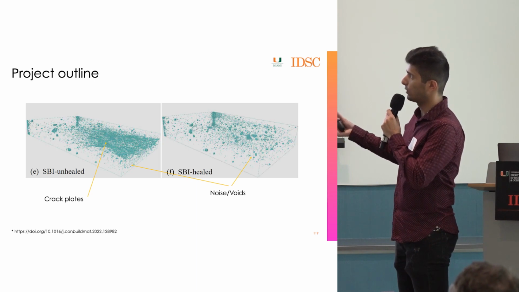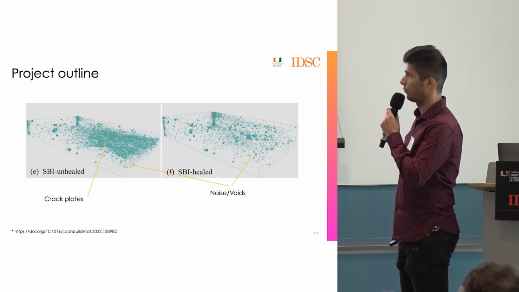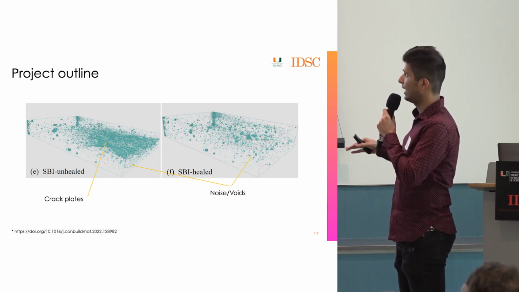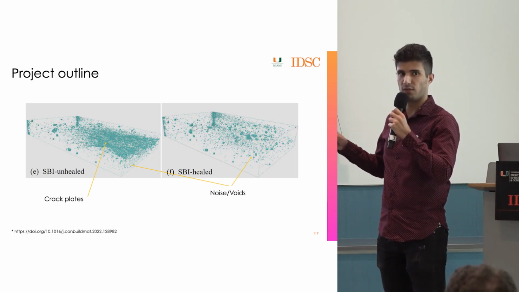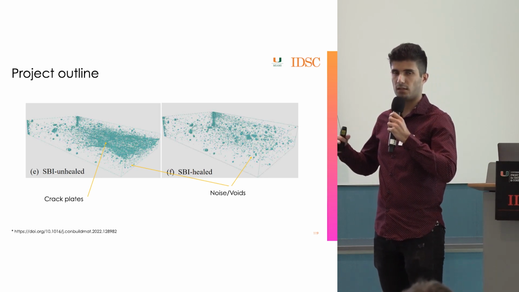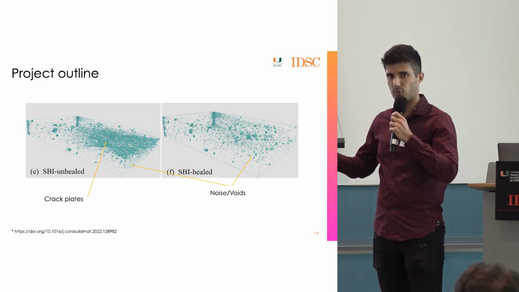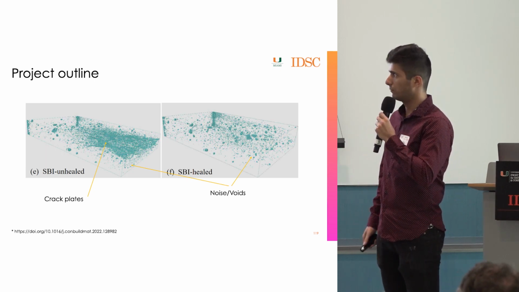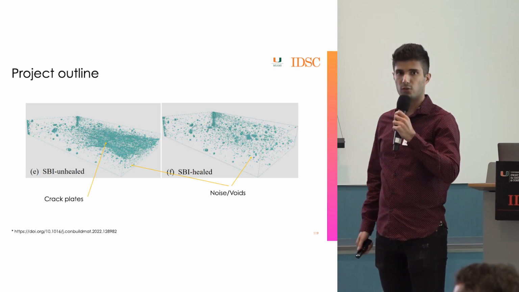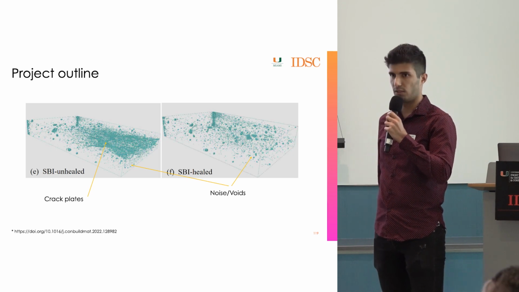But the problem he was facing, and I faced the same problem myself, is we have a lot of noise, voids, and other stuff in the concrete that can interact with the crack, and it's hard to separate between the two. Traditionally, there are a lot of ways to separate these.